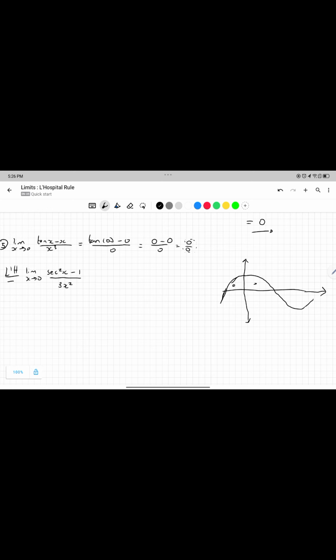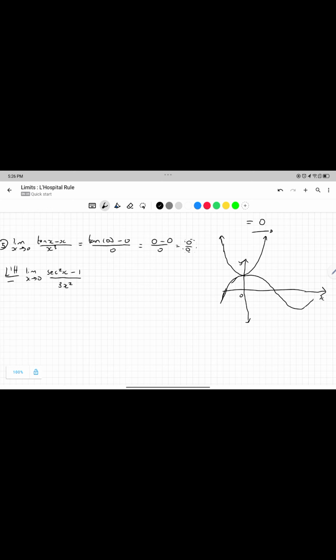So secant will be like this, from the top part, with asymptotes at 90 and negative 90.